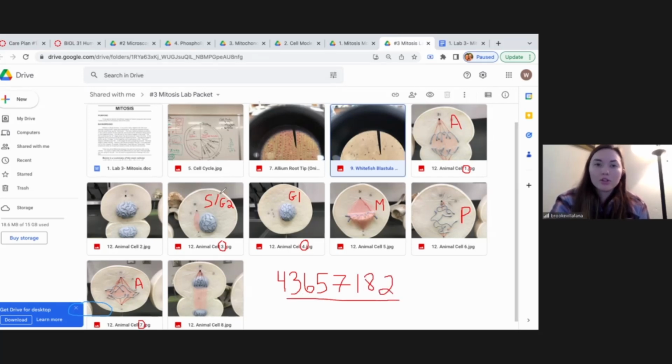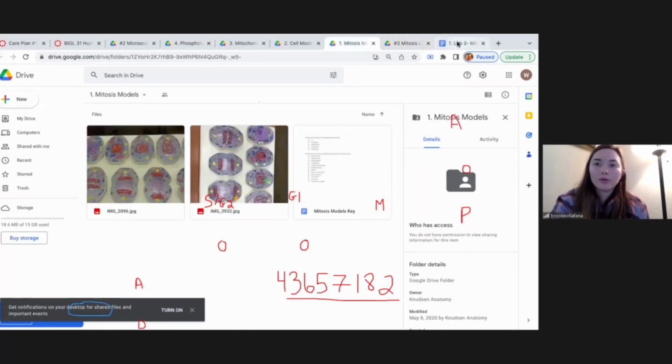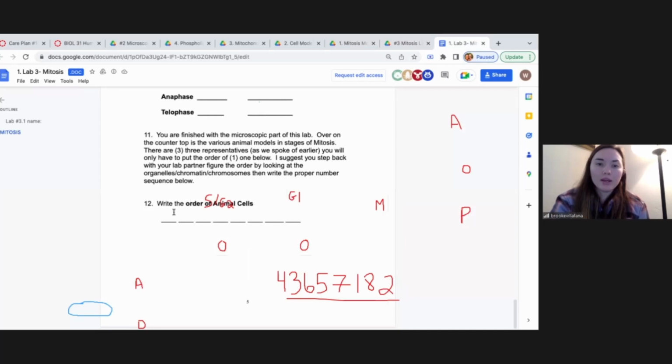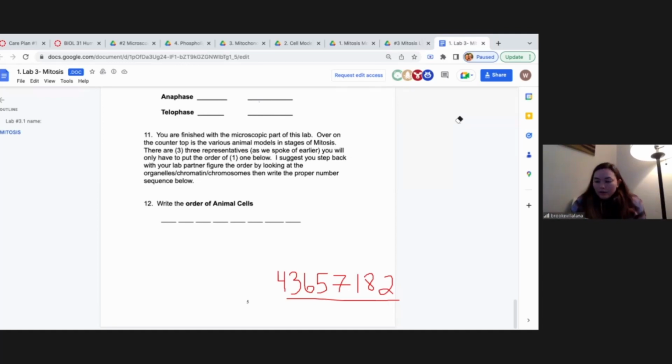Good. So when you look at your packet here, you're going to write this: 4, 3, 6, 5, 1, 7, 1, 8, 2. That clear? And yes, that's the right answer.